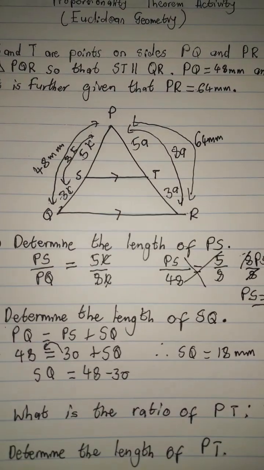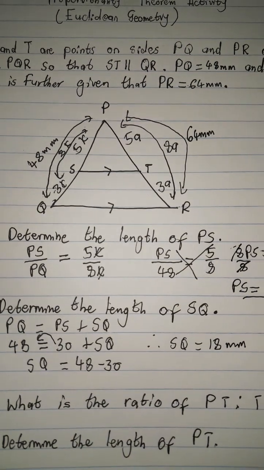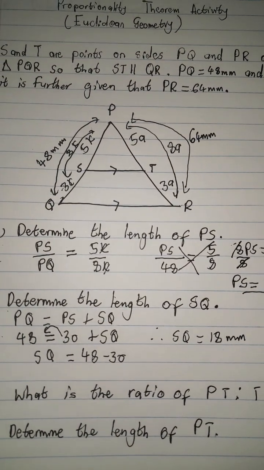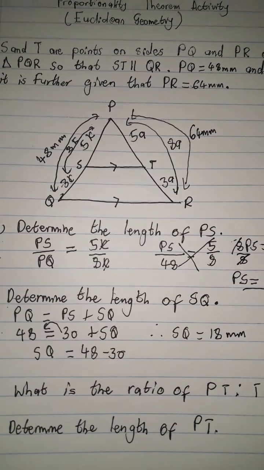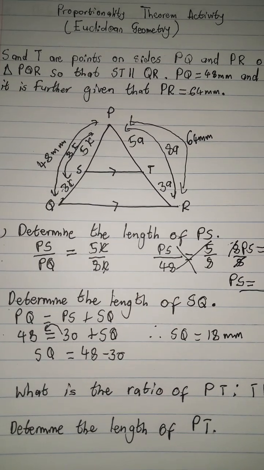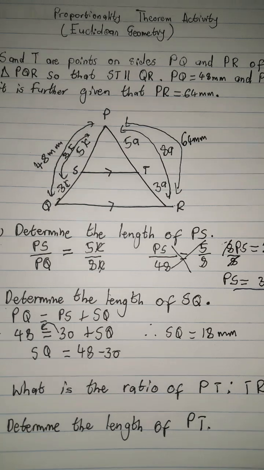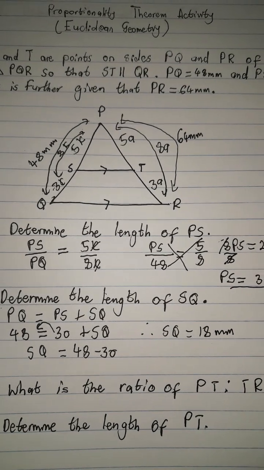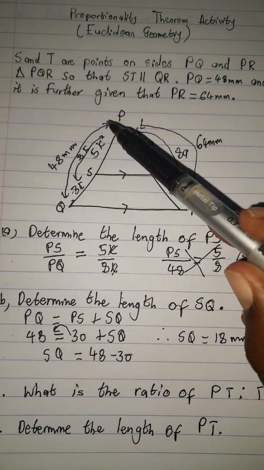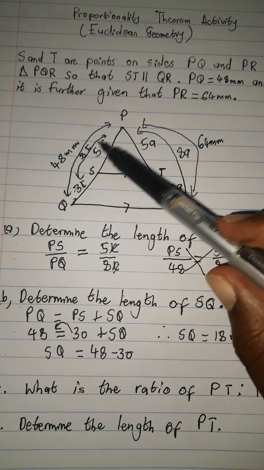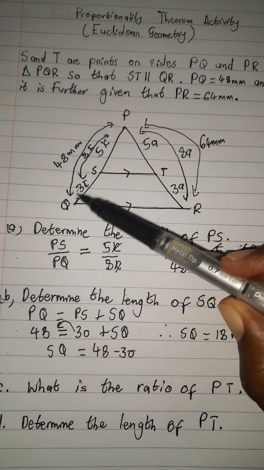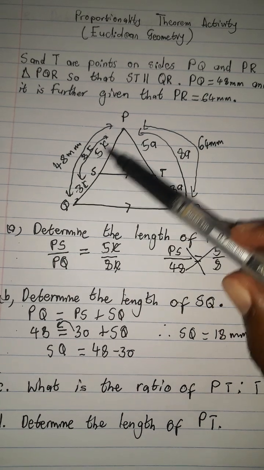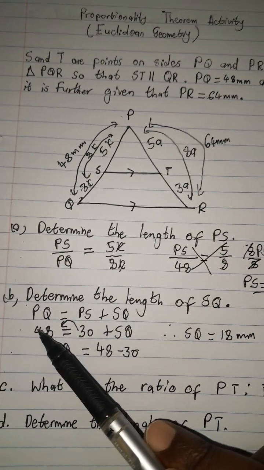So what I did here to find SQ, remember I said in our previous videos, do not rush, you will crash. Yes, don't rush. See what you are looking for. Since we're looking for the length of SQ, we said that PQ forms PS plus SQ. Remember, PS plus SQ forms PQ. So that's what I did here.